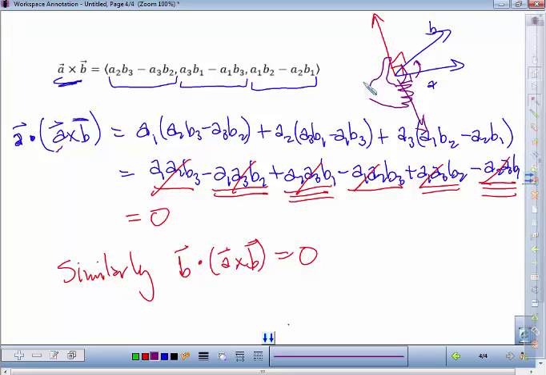So if this red vector is A and this is B, I wrap my right fingers around A first and then B, and my thumb points in the direction of the cross product. B cross A means I wrap my right fingers around B first, then A, and I'm forced to have my thumb go upside down, and that's the other cross product. It is the same length as the other one, except going in the opposite direction. Okay?